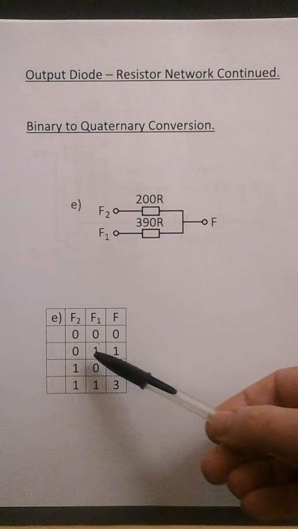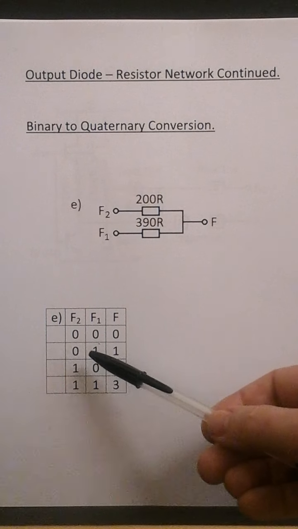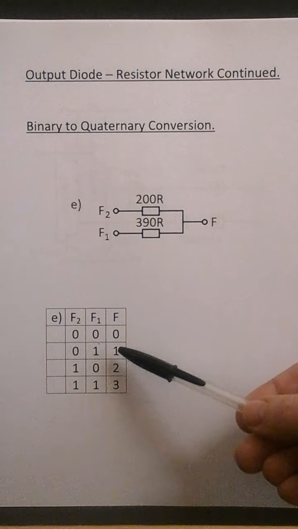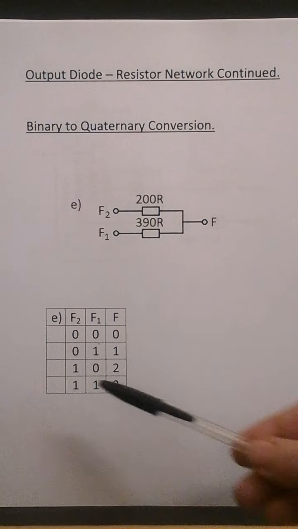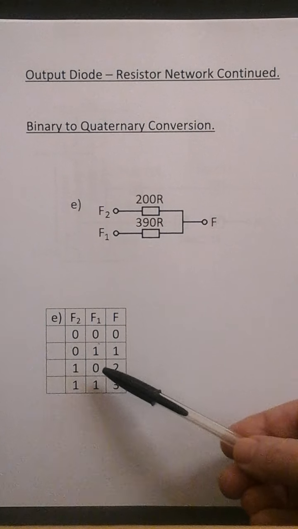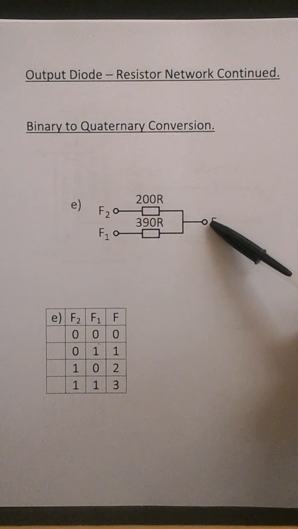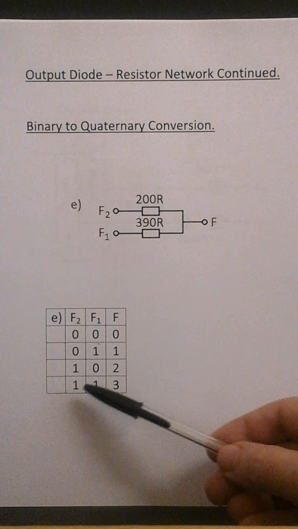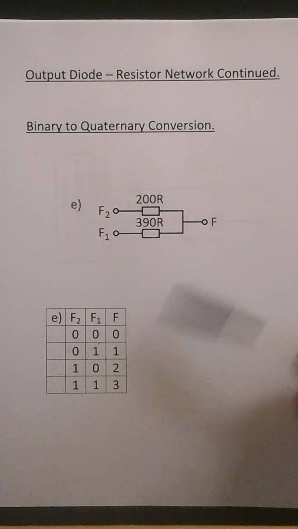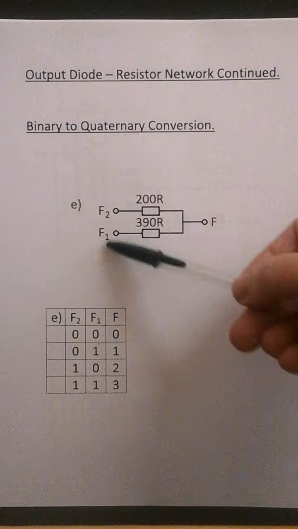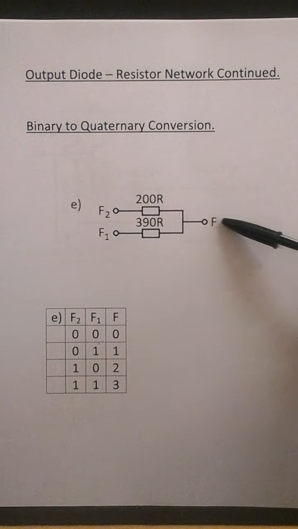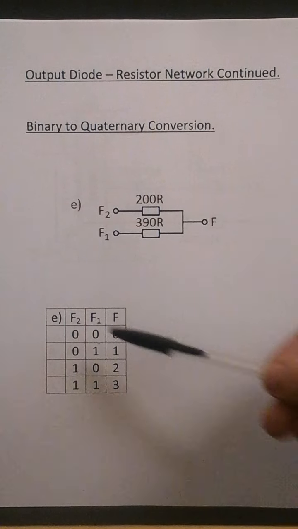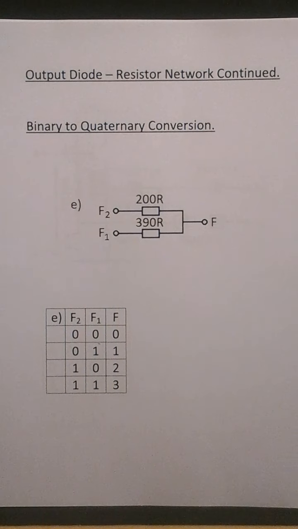If F2 equals 0 and F1 equals 1, F equals quaternary logic 1. If F2 is a 1 and F1 is a 0, F is a quaternary logic 2. And if F2 is a 1 and F1 is a 1, F is a quaternary logic 3. So these are the inputs to the ACT gates, and this is the output. So this is straight binary to quaternary conversion.